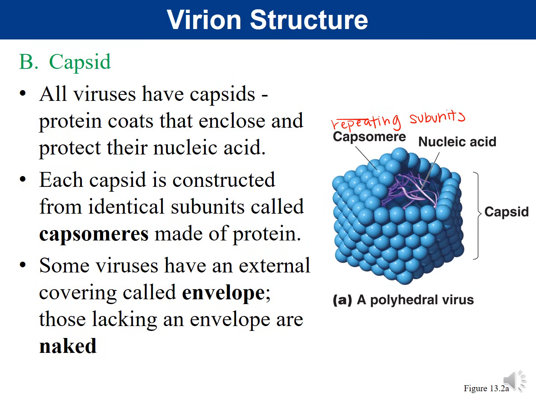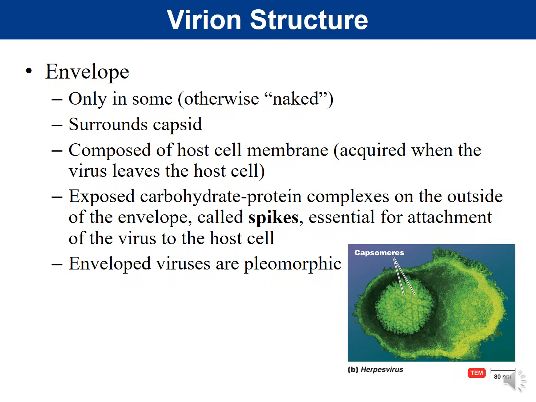And so, if we look at these capsids, remember that some viruses are naked, meaning that they just have a capsid on the outside. Other viruses, remember, have an envelope, which is a structure that is external to the capsid. And so we're going to talk about what an envelope does for a virus.